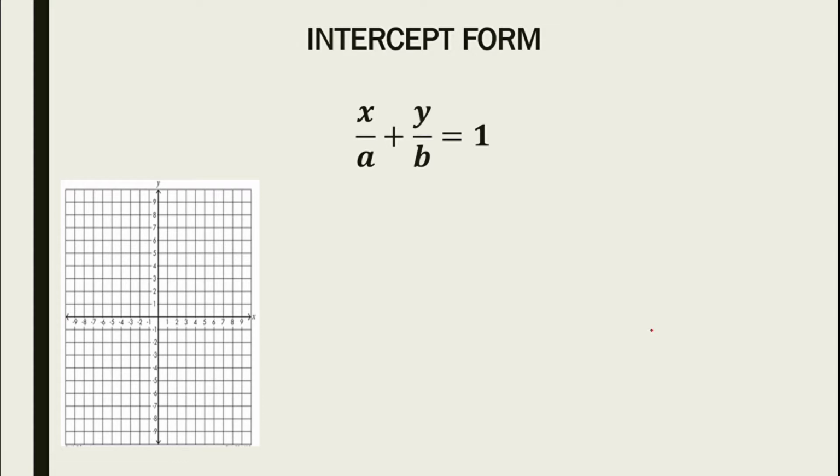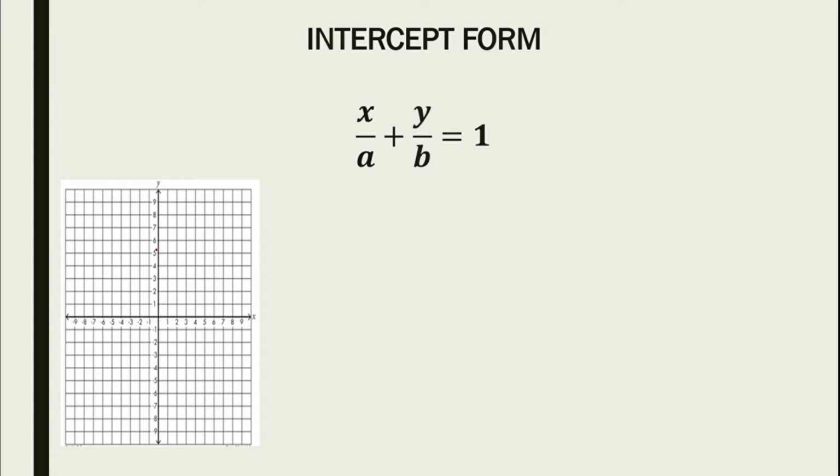This is one of the standard forms in finding the equation of a straight line. So how did we come up with x over a plus y over b is equal to 1 as the formula? The concept behind this I'll be illustrating to you.